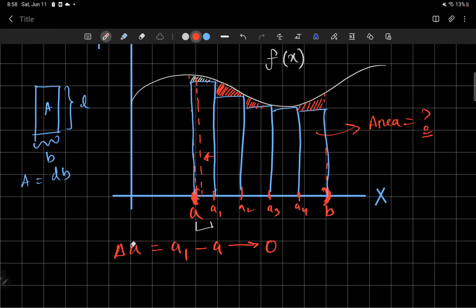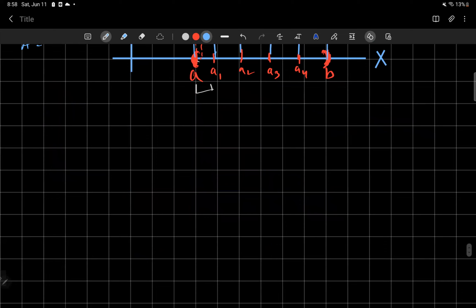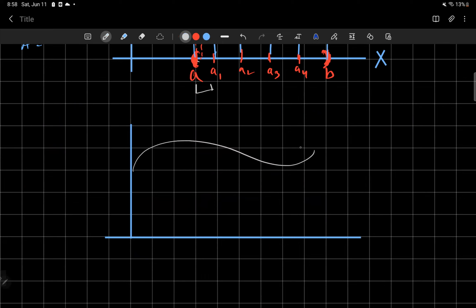Now, how do you do it? Well, let me draw this picture again. Let's assume that we have successfully drawn this infinitesimal rectangle.